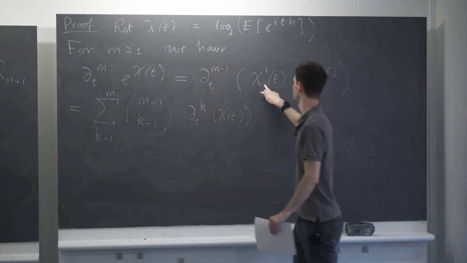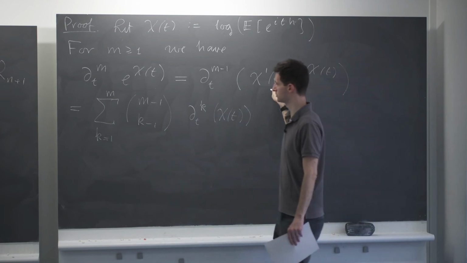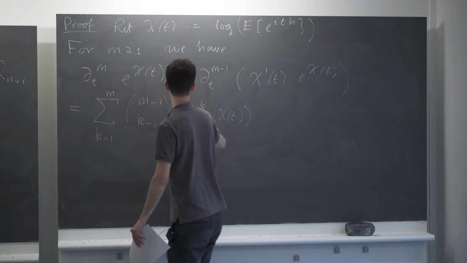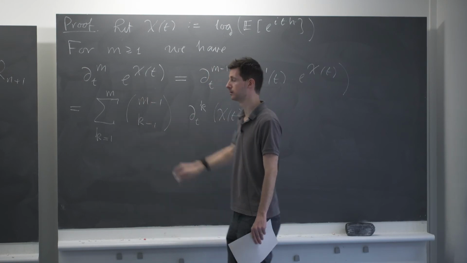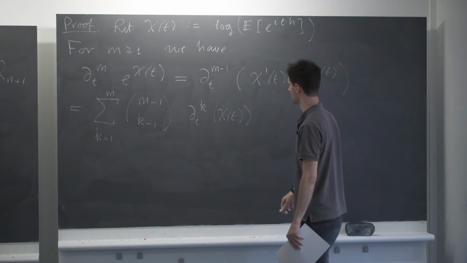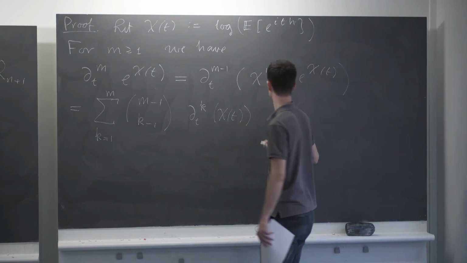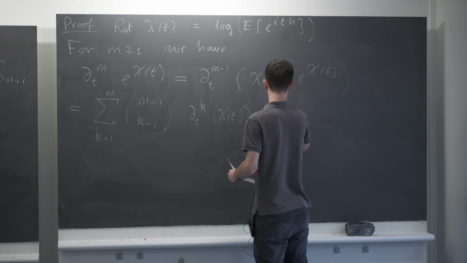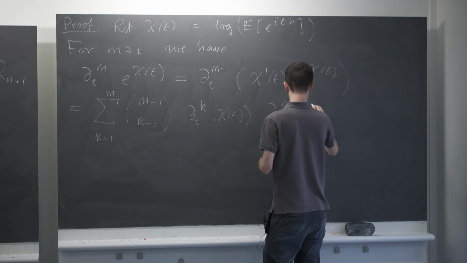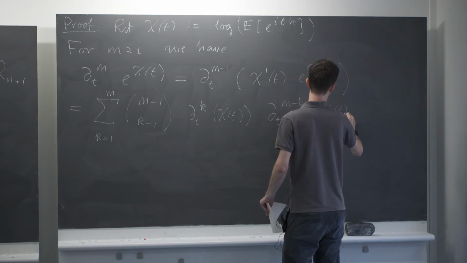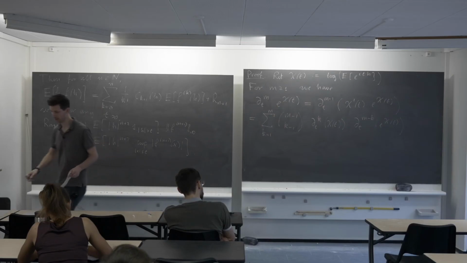I call k the number of derivatives acting on the first guy. So you would usually write this as k going from 0 to m minus 1, but instead I just relabel my summation index as going from 1 to m. So this guy gets k minus 1 derivatives, so chi itself gets k derivatives, and then I get that.